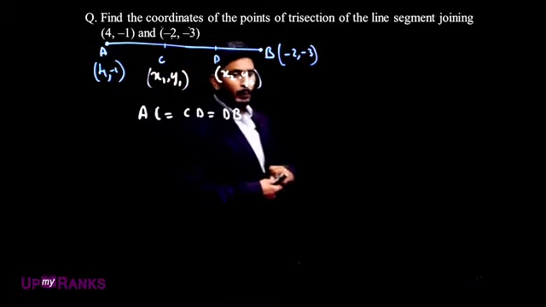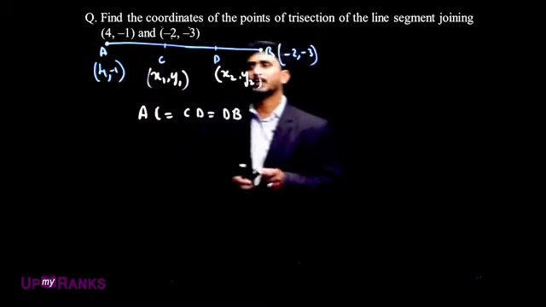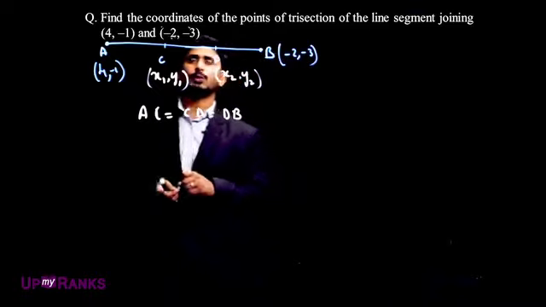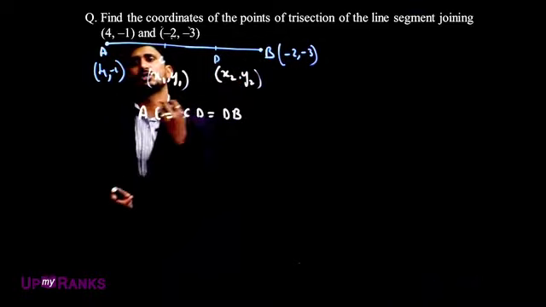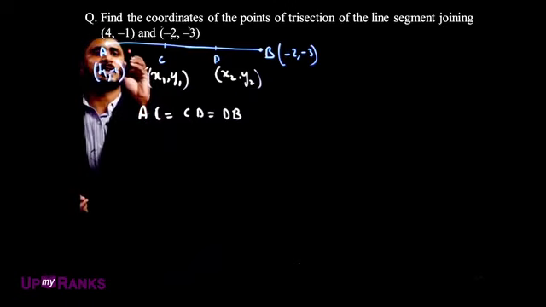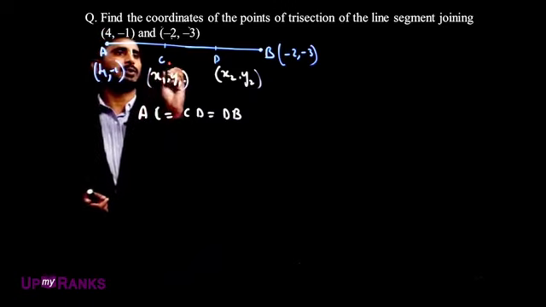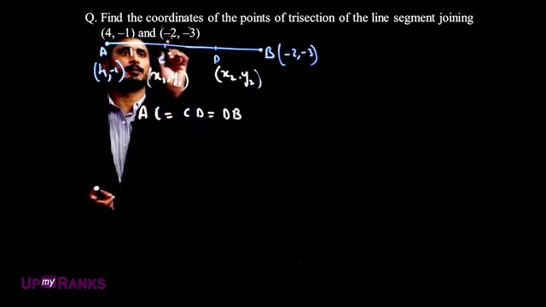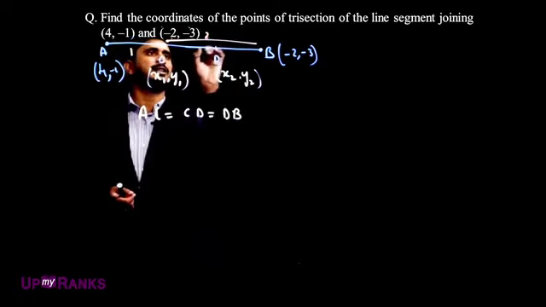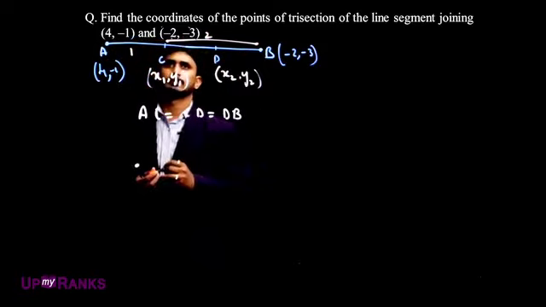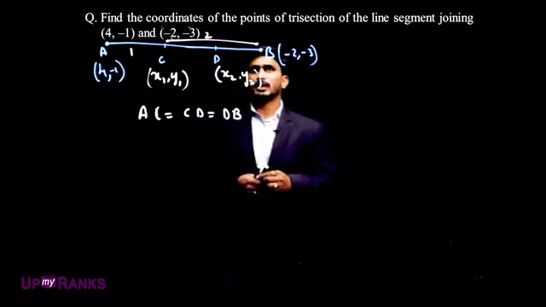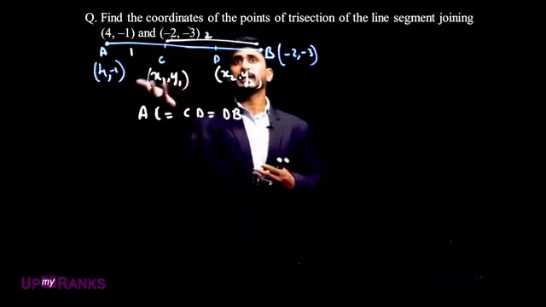Because it's a trisection, the ratio AC to BC is 1 to 2. Why? Because I cannot find C and D simultaneously at a time.